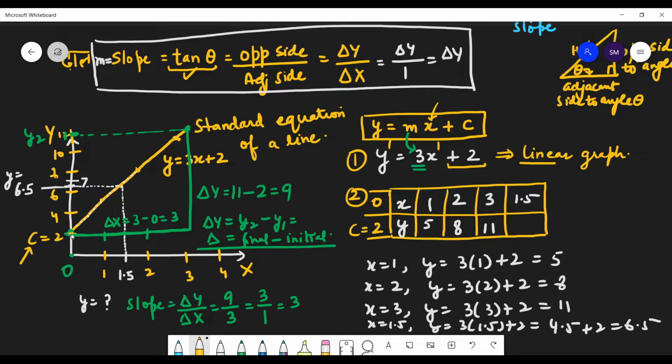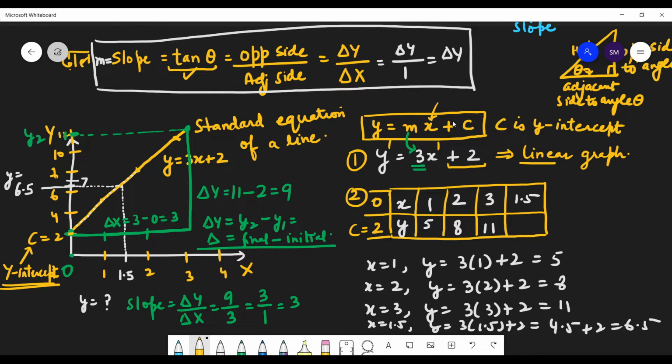It is intercepting the y-axis at this particular point, so this is the y-intercept. What do I call this c? Y-intercept. So c is your constant, the y-intercept.